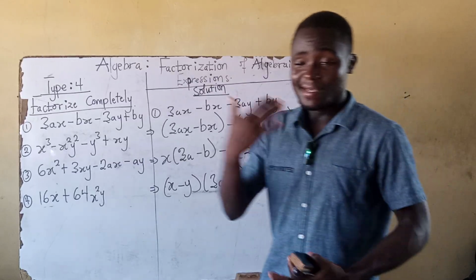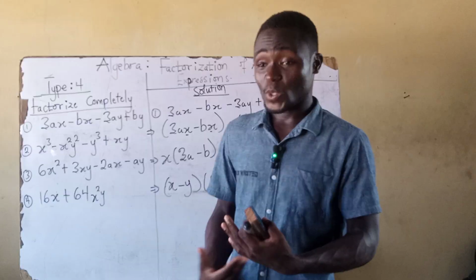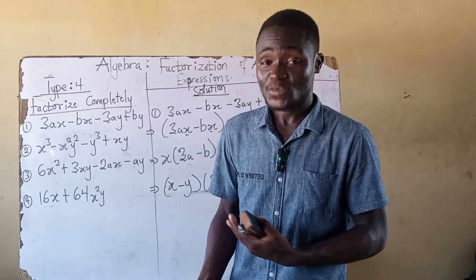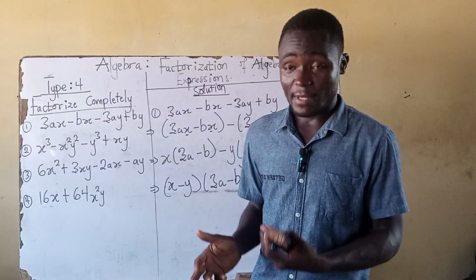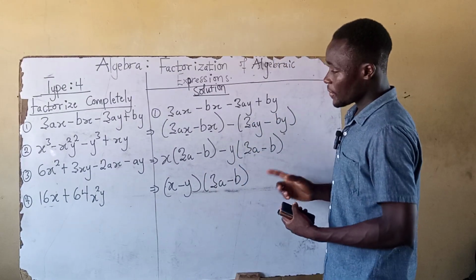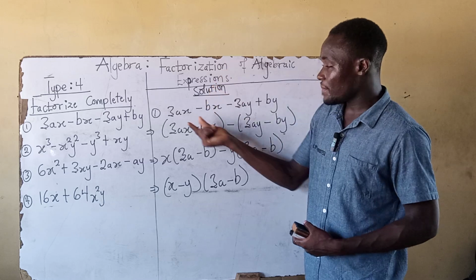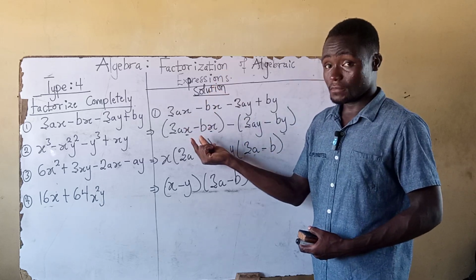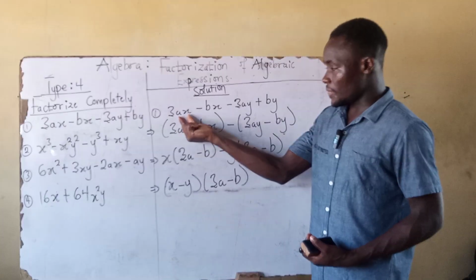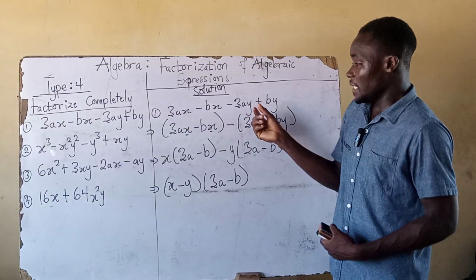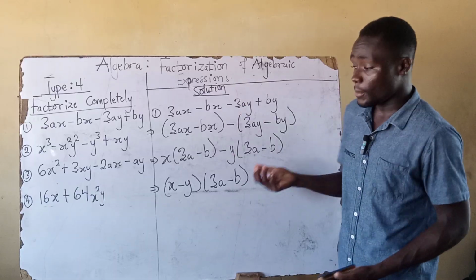Now let's see another way of going about it, with which we will get the same answer. I'm trying to mix the individual terms and see whether we will get the same answer or not. So remember, at first I picked this and this as one group. So in the alternative approach, I am going to pick the 3ax and then any of them, provided they have something in common.